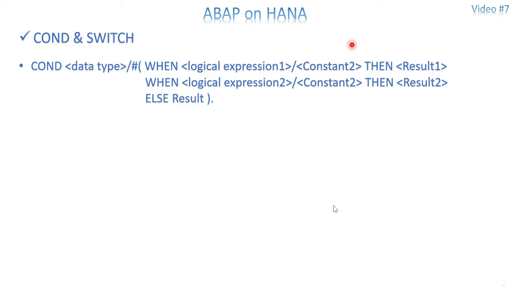If this is true, then it goes to result 1. Otherwise, it goes to the next one: WHEN logical expression or constant, then result, and you have an option to use ELSE as well: ELSE result. ELSE is optional. So one WHEN statement is mandatory. After that, the second WHEN and everything else is optional. Depends on your requirement. If you want, you can use it.